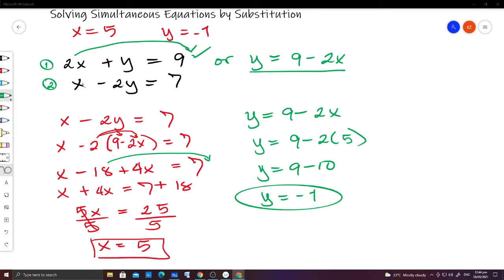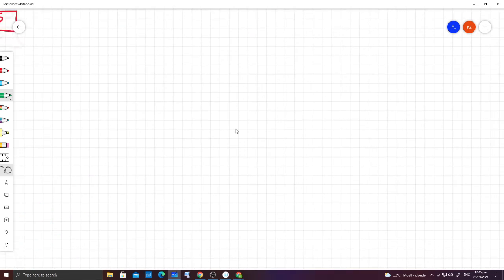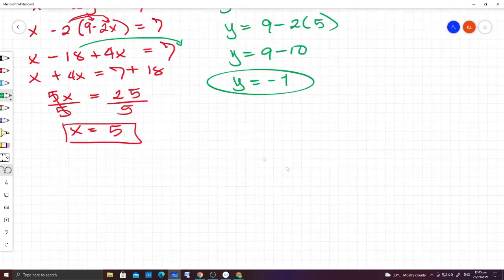Okay, so let's try to answer letter B. Okay, let's try here. 3x minus 2y equals 10.